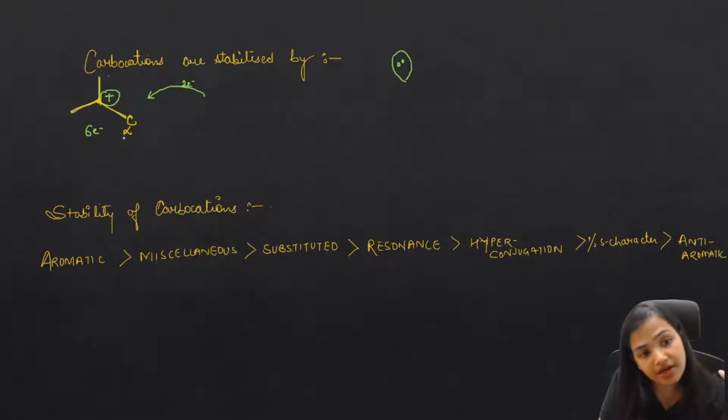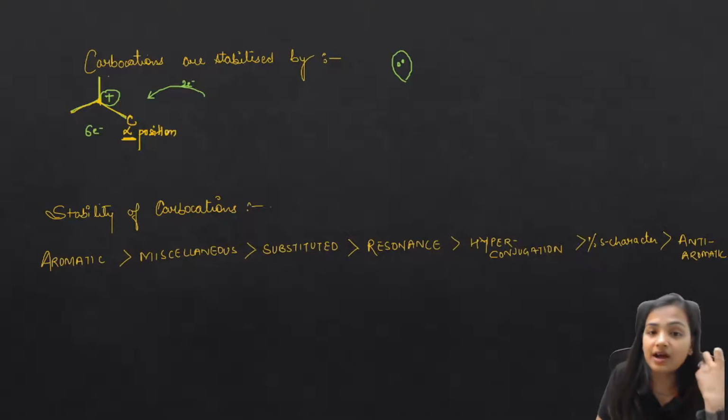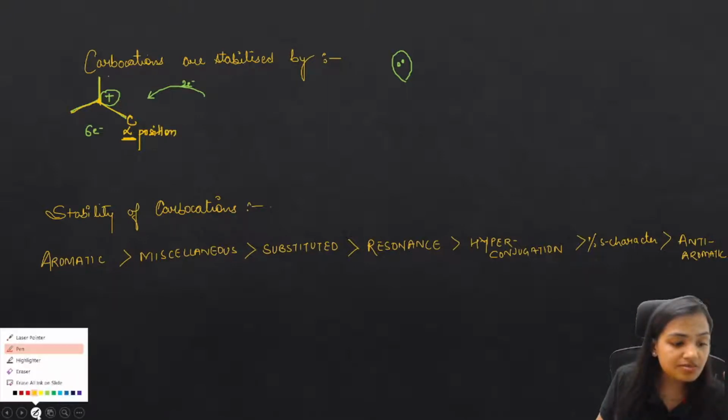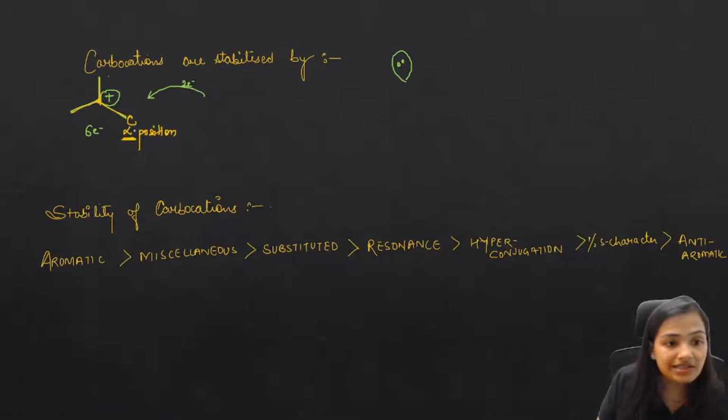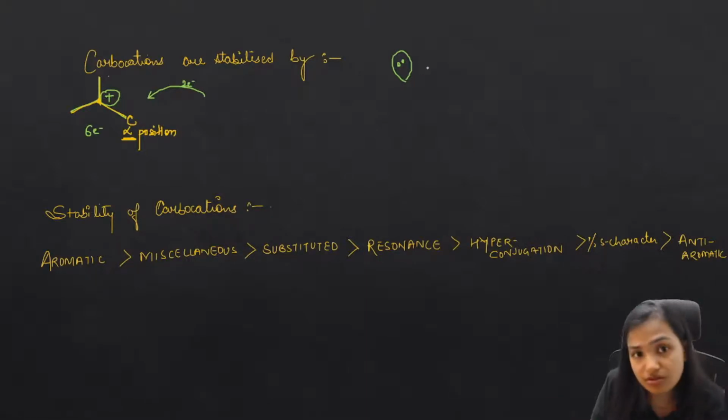At this alpha position we have to look at what we have. Alpha position is basically the nearest neighboring atom. If we do have a lone pair, this will stabilize it. So carbocations usually get stabilized by a lone pair.